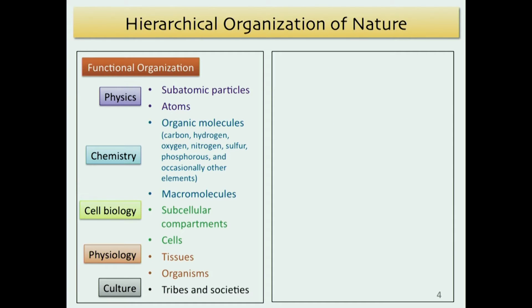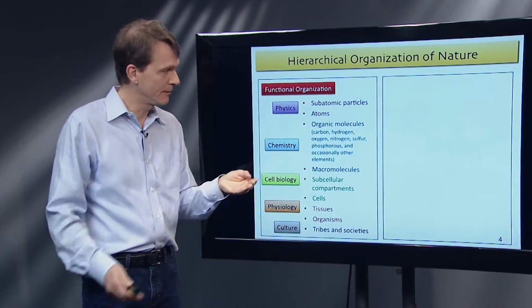The first conceptual framework that I would like to give is, from the perspective of a human being, the functional organization of nature, of life. We have the disciplines here. Physics deals with atoms and subatomic particles. When atoms interact with each other and form bonds, we have chemistry.